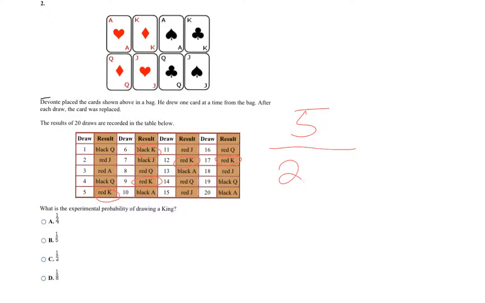And that was out of 20. And so the experimental probability is 5 over 20, but I can simplify that. 5 over 20 simplifies to 1 over 4, and you can use your calculator to help you with that if you have a scientific one, or you can just divide the top and the bottom both by 5, and so that's going to make A my final answer.